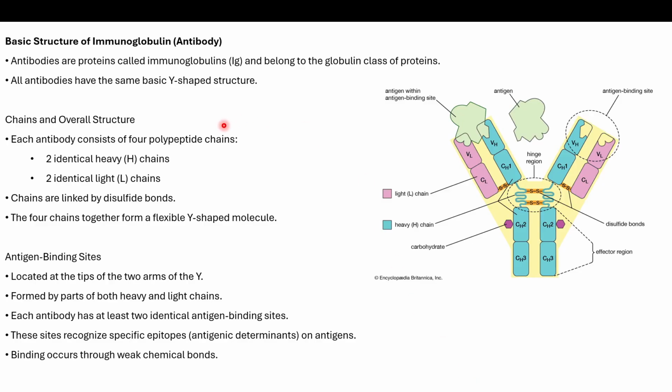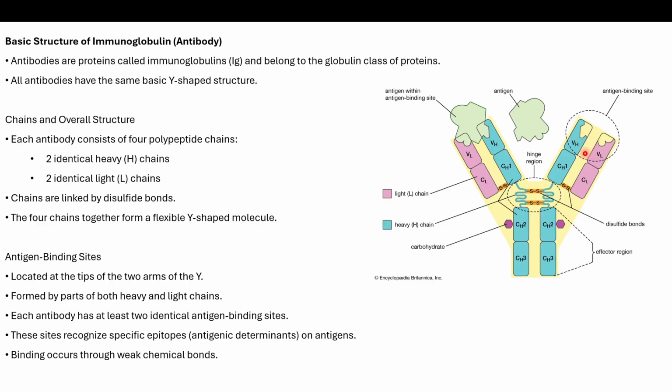Now, if you look at the basic structure of an antibody, which is also called an immunoglobulin, all antibodies have the same basic Y-shaped structure. There are two chains: this is the light chain, and this is the heavy chain.